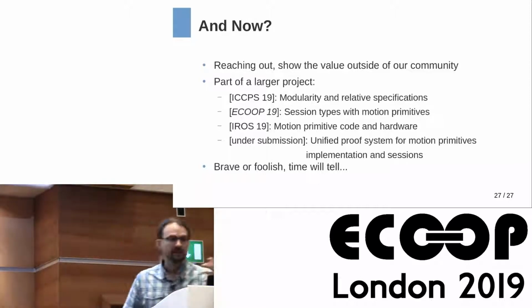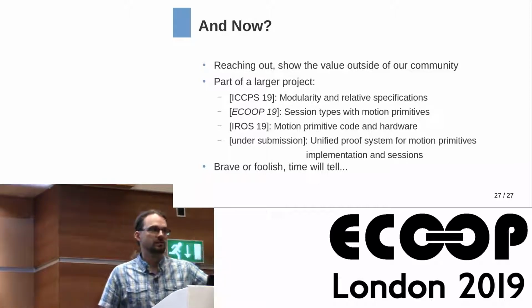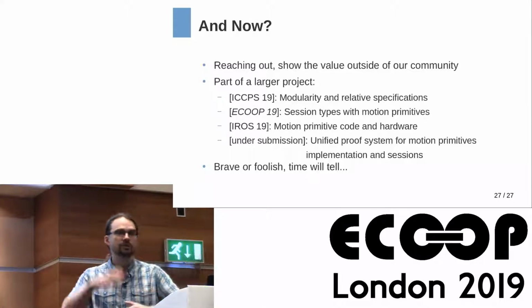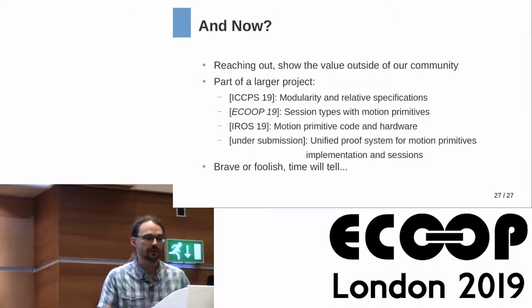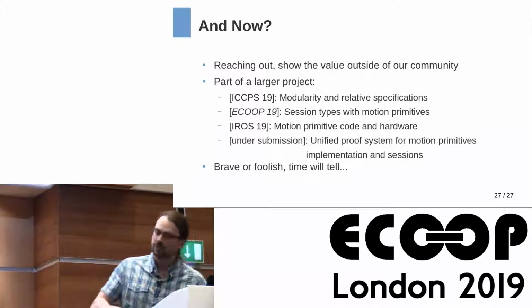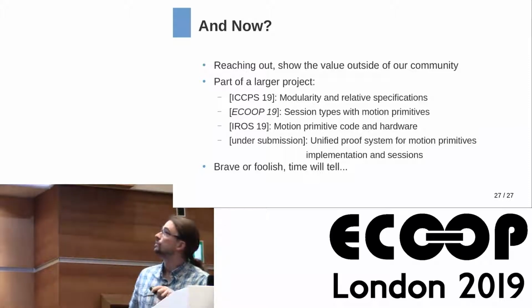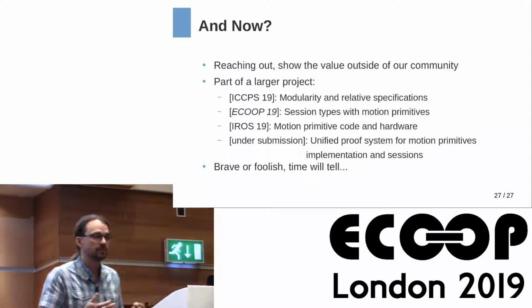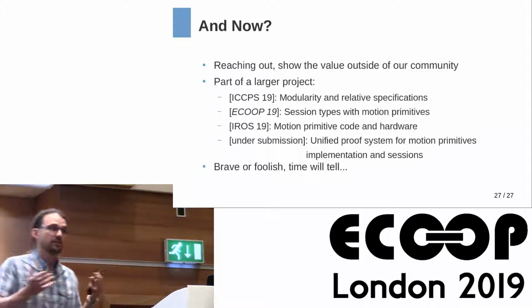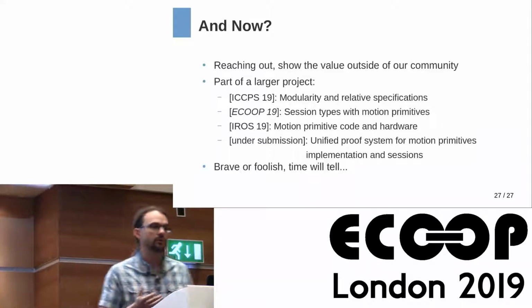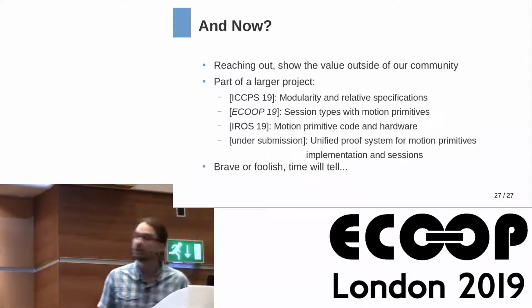So, for instance, on those motion primitives, if we want the robot to be a component that we reuse here and there, we have something at ICCPS, the conference on cyber-physical systems, somewhere between PL and robotics, where we address some questions of modular specification.